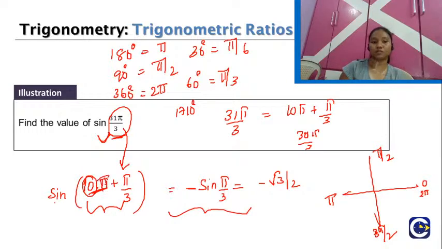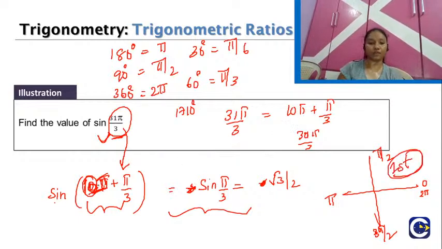We have written it in terms of a multiple of pi, so that's why we got it to be negative. Sorry, I have missed something here. It should be positive. It should be 10 pi, right? So it is in terms of 360.